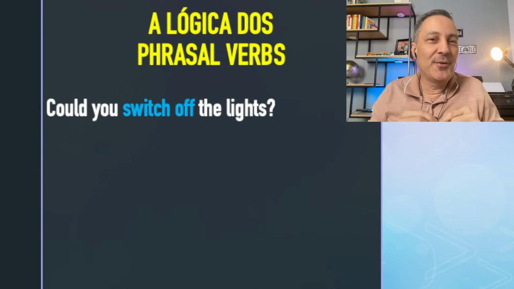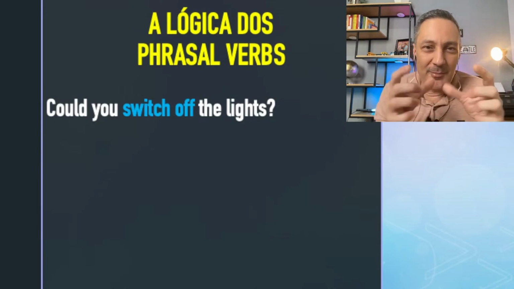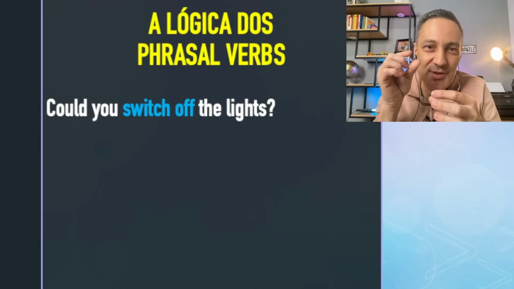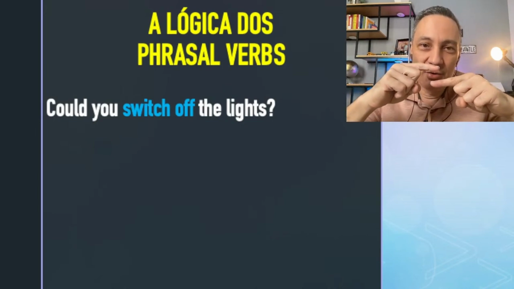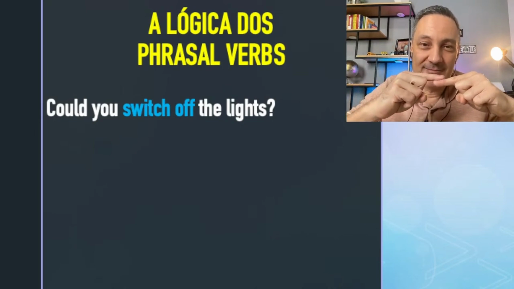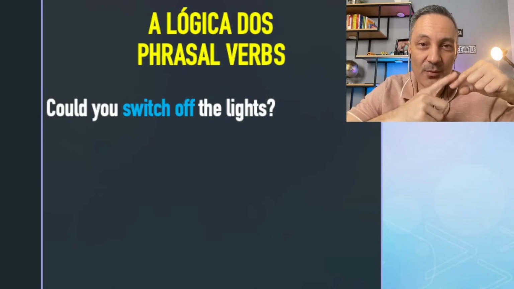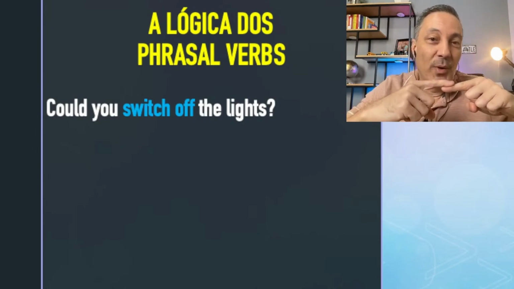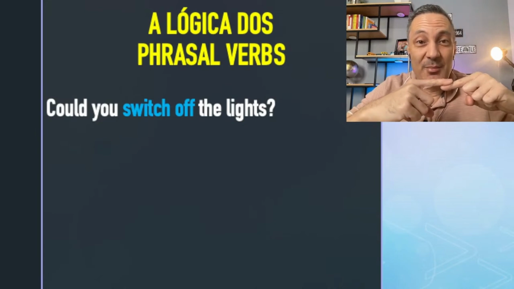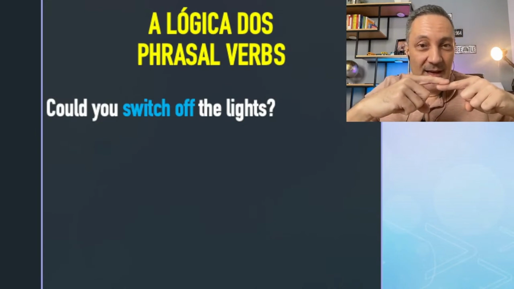Because if you happen to open up a switch, you will see that there are two metal contacts that when you turn on or switch on, they get in contact, one on the other. When you turn or switch them off, they get out of contact. They separate. Okay, they get off.